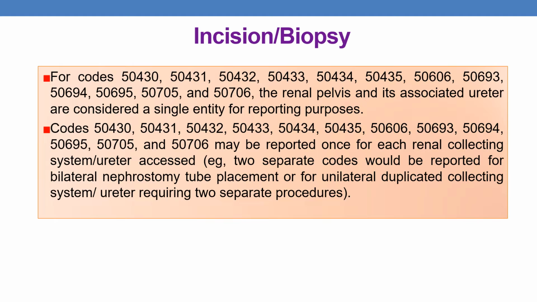If the ureter is accessed twice, you need to report two separate procedures. And whenever a bilateral procedure is performed, then also two separate codes would be reported.